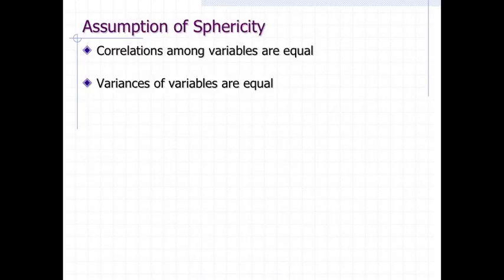Moreover, as shown in the table, the variances among the variables differ greatly. Naturally, the assumption of sphericity, like all assumptions, refers to populations, not samples. However, it is clear from these sample data that the assumption is not met in the population.